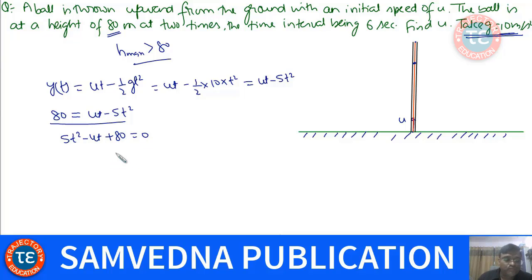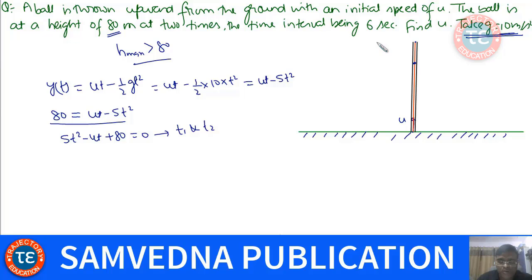So we can write it like this here, 5t square minus ut plus 80 equal to 0. Get your point? Okay. So from here it will give you two roots, t1 and t2. So one way is, you can find t1 and t2 and take the difference and equate it to 6.